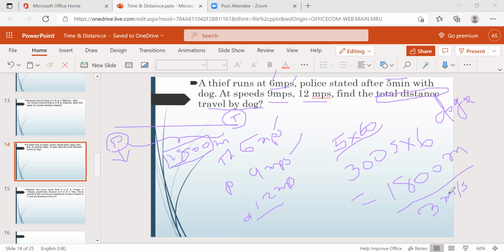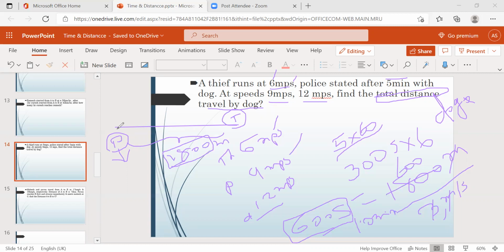Now meter gets cancelled. 1800 by 3 is 600 seconds. After 600 seconds, that means after 10 minutes from when police started, he will reach the thief.